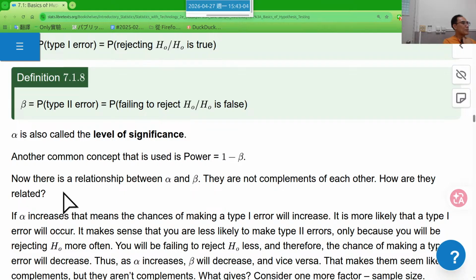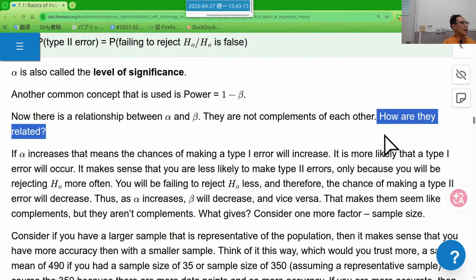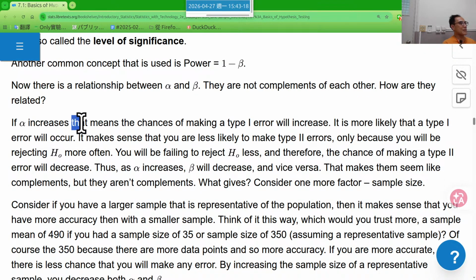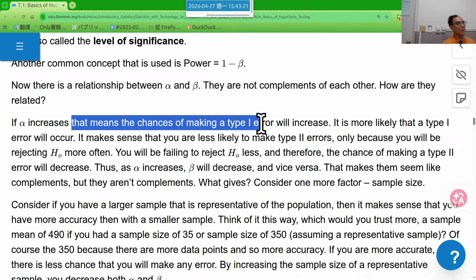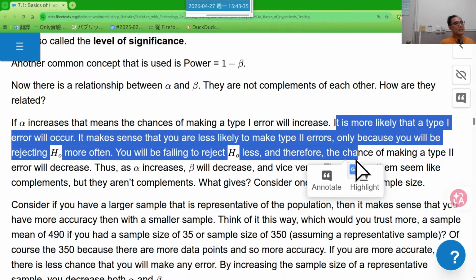Now, there is a relationship between alpha and beta. They are not complements of each other, so how are they related? If alpha increases, the chance of making a type 1 error increases. You have more chance to make the error, so it's more likely that a type 1 error will occur.